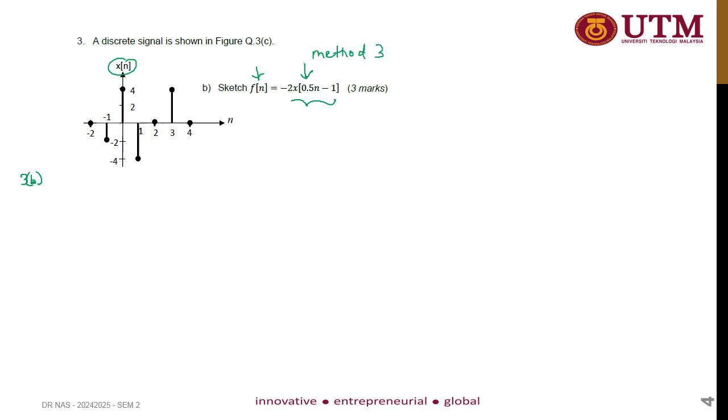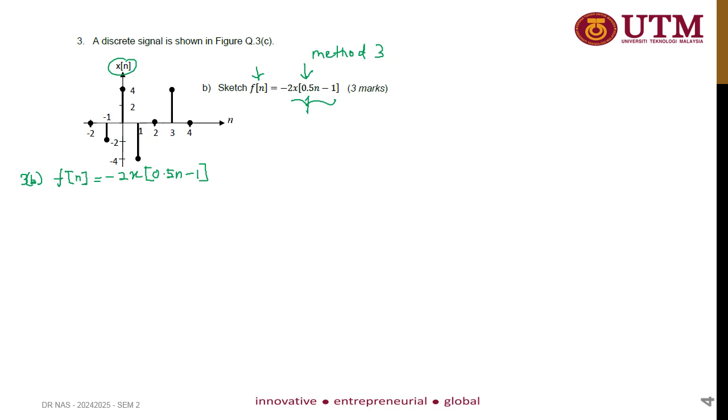Let's begin with the first step. You need to identify the component inside the bracket and represent that as tau. So f[n] equal to negative 2 x[0.5n minus 1]. Let's look at what happened to the signal.